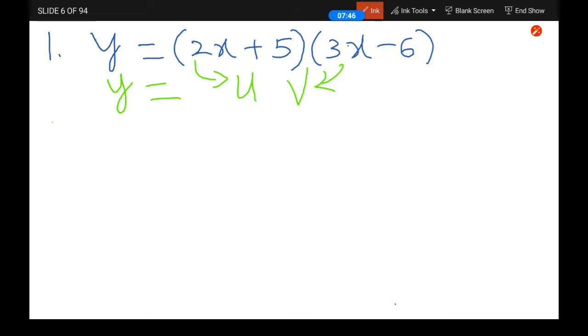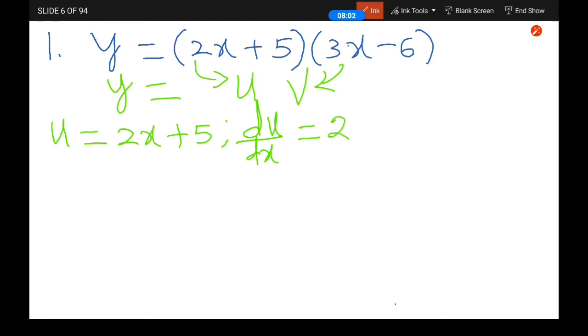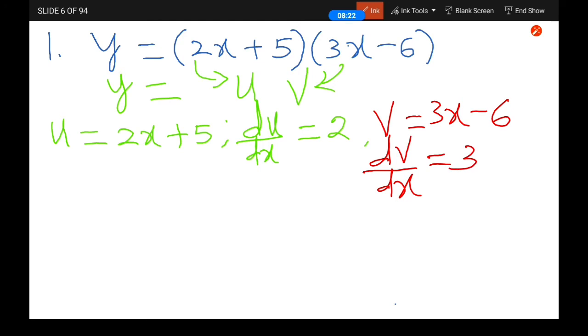So u equals 2x plus 5, such that du dx, if we differentiate 2x, you get 2. And if I differentiate 5, I get 0. Then v is 3x minus 6. If I differentiate, dv dx gives me 3. And if we differentiate negative 6, we get 0.